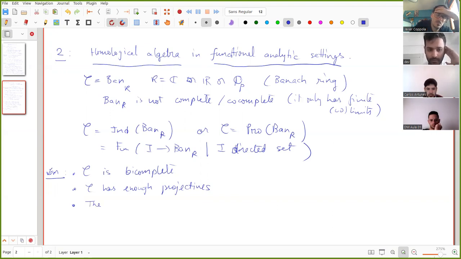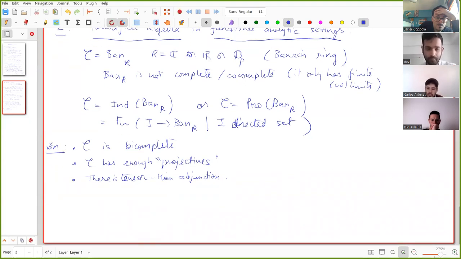Furthermore, there is a tensor Hom adjunction, where the tensor is given by the completed tensor product.